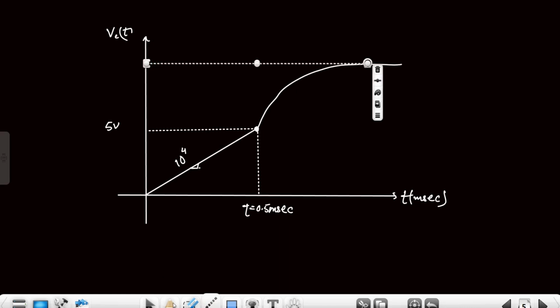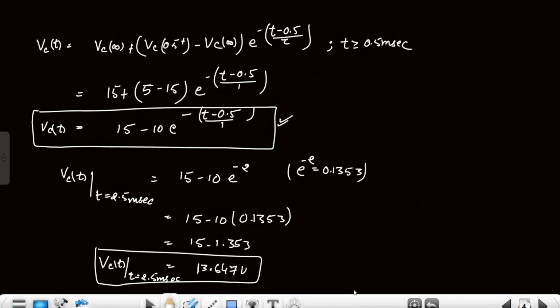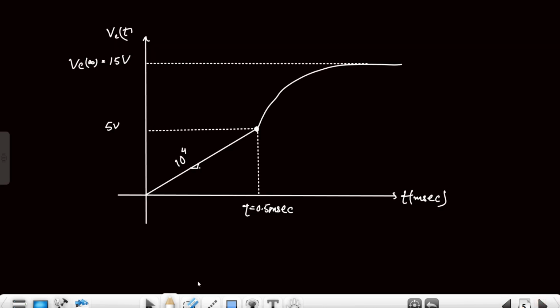This is VC infinite, which is 15 volt, and we have to find the value at 2.5 millisecond, which is 13.647. So it will lie here, and we can draw it like this. This is the time instant, 2.5 millisecond, and the capacitor has reached the voltage 13.647 volt.